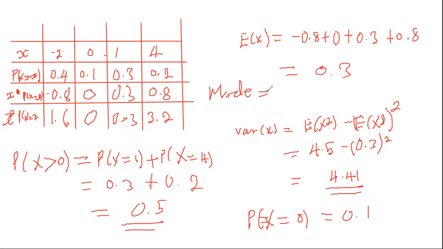Teacher, 4. But the probability is 0.2. 0.3 is higher than it, and 0.4 is higher than it. So we look for the value of x that has the highest probability value, which is x equaling -2. So for mode, we look for that which has the highest probability.